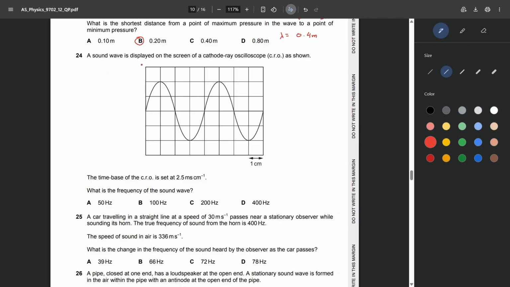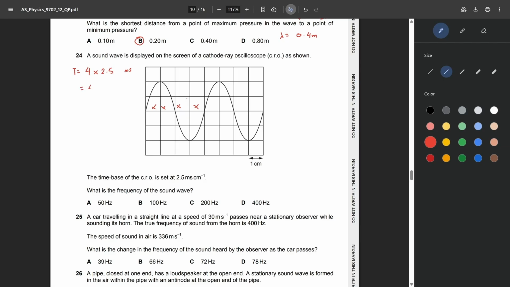A sound wave is displayed on the screen of a CRO as shown. The time base of the CRO is set at 2.5 milliseconds per centimeter. What is the frequency of the wave? Okay, so the time period of this wave is 1, 2, 3, and 4 boxes, right? So 4 boxes times 2.5 milliseconds per centimeter.